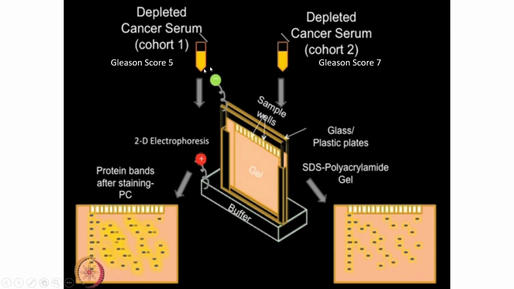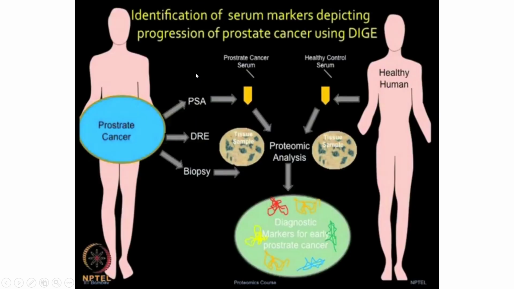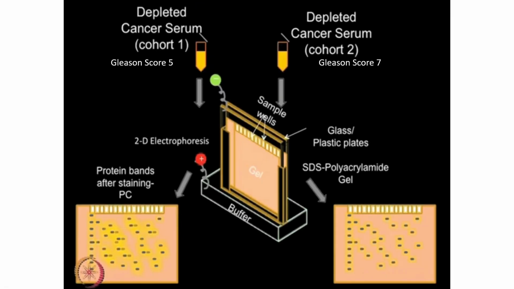That's the intensity of this specific cancer. Okay, so it is nothing related to the technique. Depending upon that, those samples were collected and divided into two groups. The one which had a Gleason score of 5 was in one group. The one which had a Gleason score of 7 was in the other group.